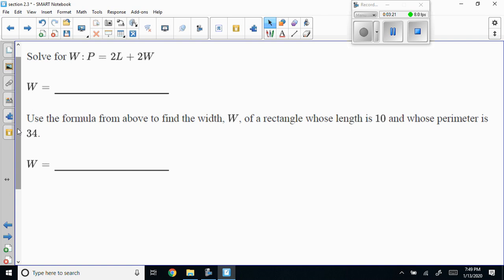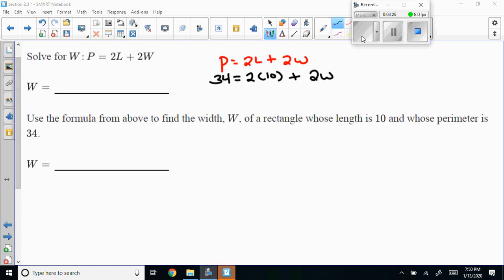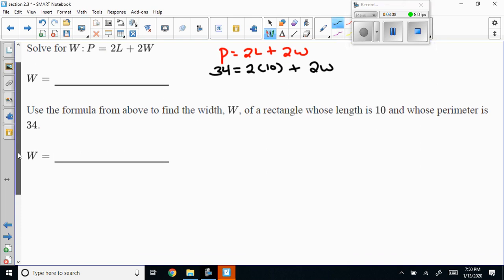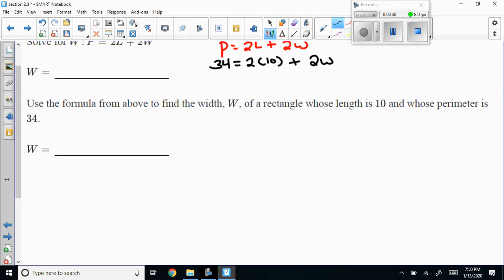Okay, good. Do you agree with my substitution of the information given from the problem? Yes. Okay. So guys, from here, it's no different than what we did in the previous problems. 34 is equal to 20 plus 2w.